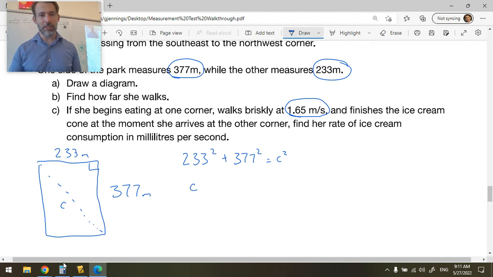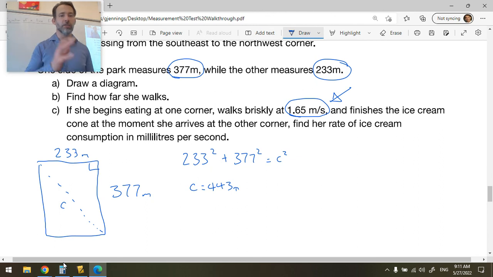Okay, C is equal to 443, I think, meters there. So that's how far she walks. And then you have to figure out how long does it take her if she walks at 1.65 meters per second. And there's a few ways to figure out what I need to do with the number, how far she walks and how fast she walks, to get it to output for me how long she walks.